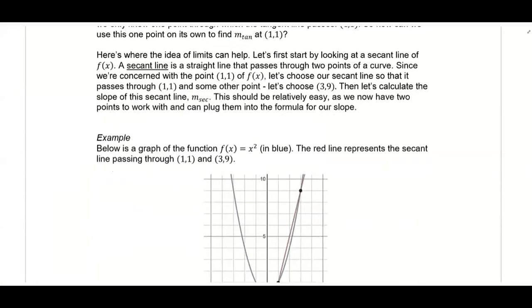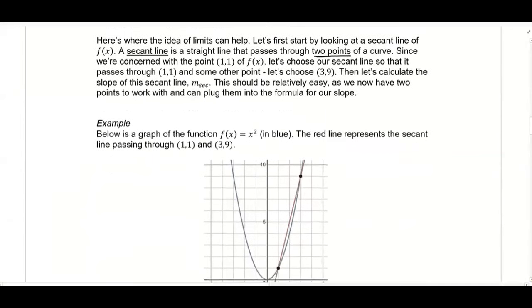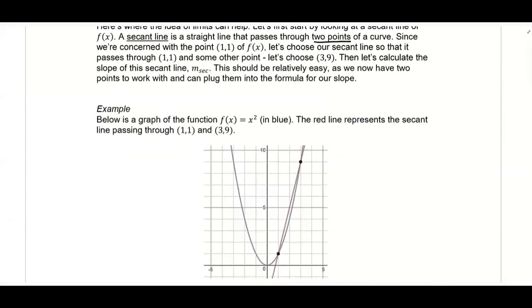A secant line is a straight line that passes through 2 points of a curve. So to continue on with this example here, let's say we have the same function f of x, and again, this is the point that we're concerned with here, this point at 1, 1. But let's go ahead and construct a secant line that passes through the points 1, 1 and 3, 9. So it passes through 2 points on this curve.